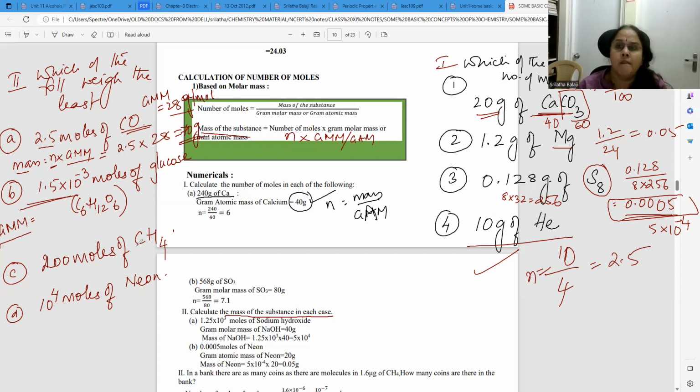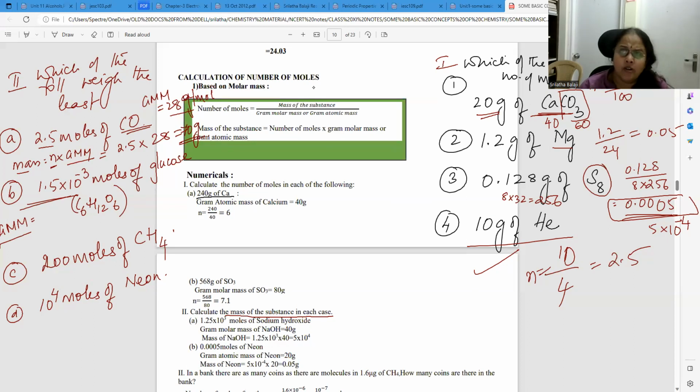Come on, students. Should be doing fast. Carbon is how much? 12, atomic mass 12.